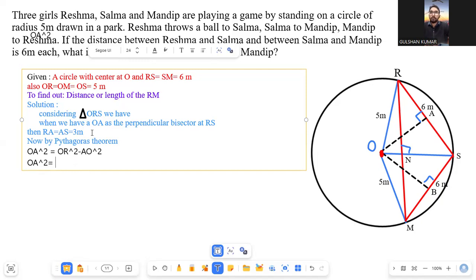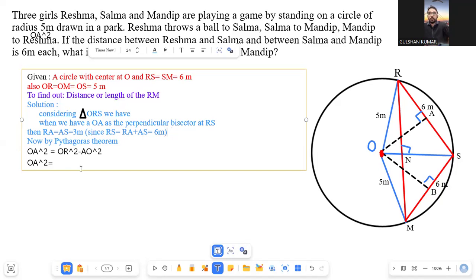Since RS equals RA plus AS equals 6 meter.